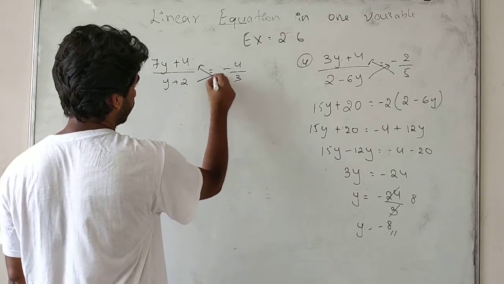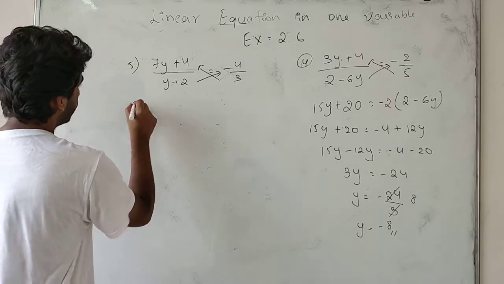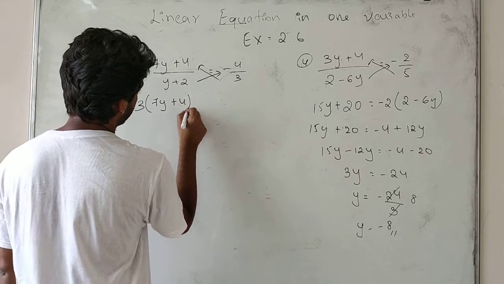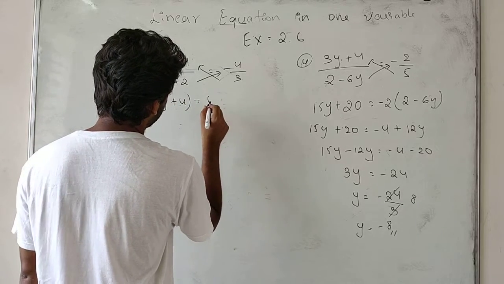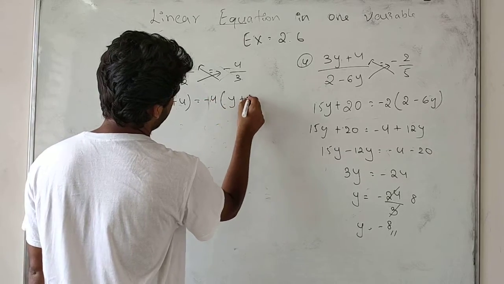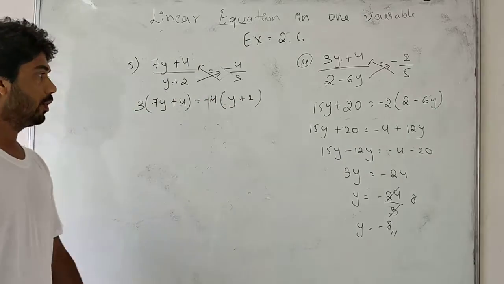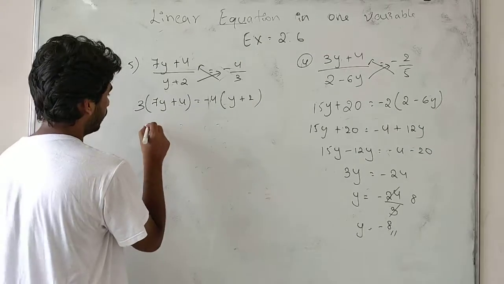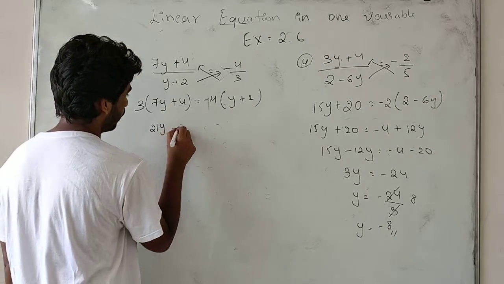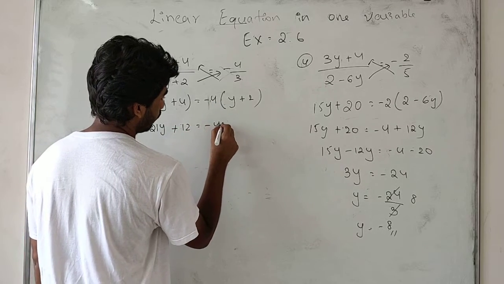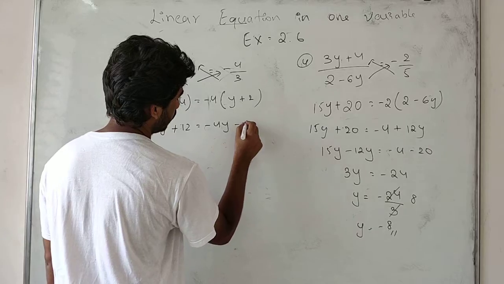So what will we get? 3 times 7y plus 4 is equal to minus 4 times y plus 2. Now we have to multiply inside. So we get 7 threes are 21y plus 4 threes are 12 is equal to minus into plus is minus 4y, minus into plus is minus 8.